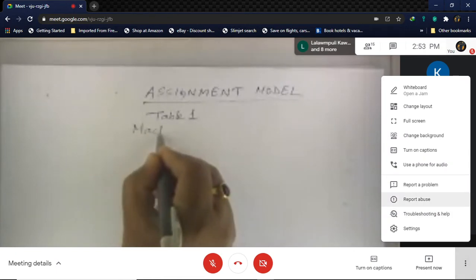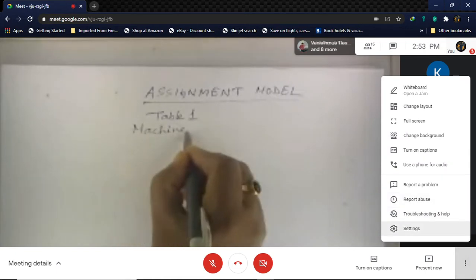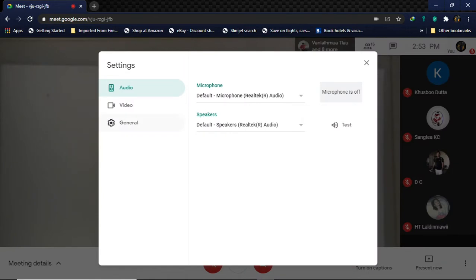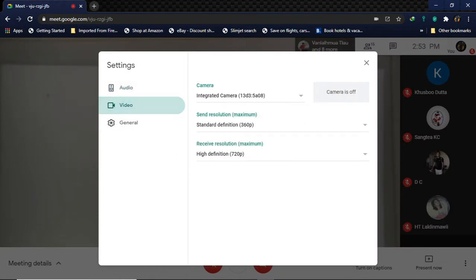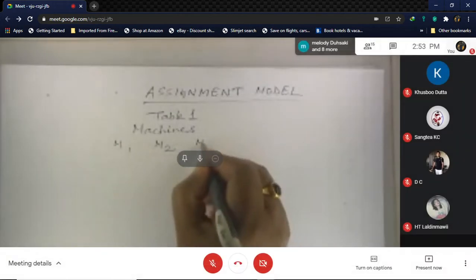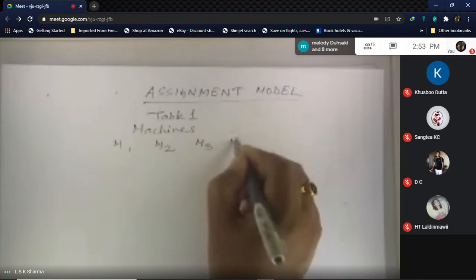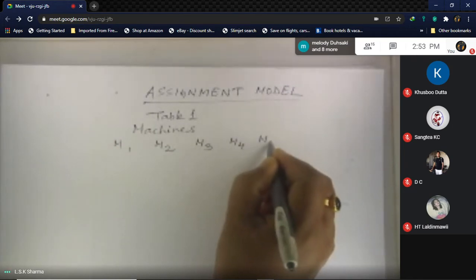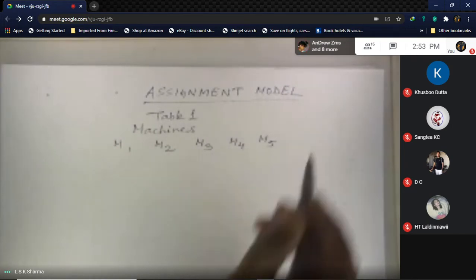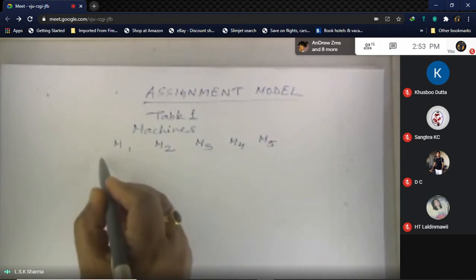Table 1, and I have 5 machines out here. These machines are M1, M2, M3, M4, and M5.